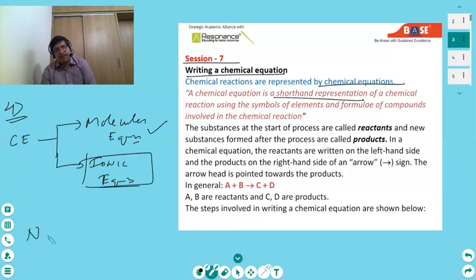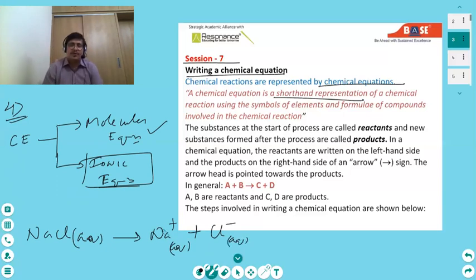For example, if I take sodium chloride and add it into water, it is written as NaCl aqueous, and then it is split as Na plus aqueous and Cl minus aqueous. This is the sodium cation, and this is your chloride anion.